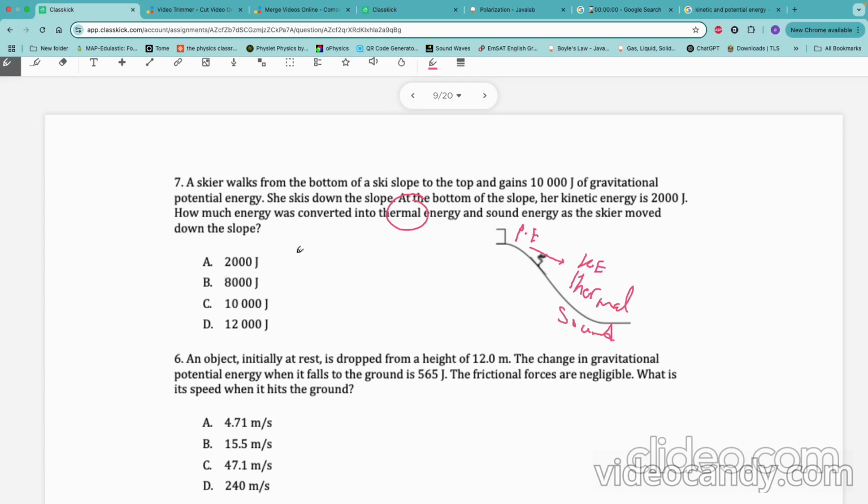Which means total input energy is equal to total output energy. So if the total energy is 10,000, total output energy has to be 10,000. It's mentioned here just 2,000 will be converted to kinetic energy. The rest will be converted to heat and thermal energy. What would be this rest?